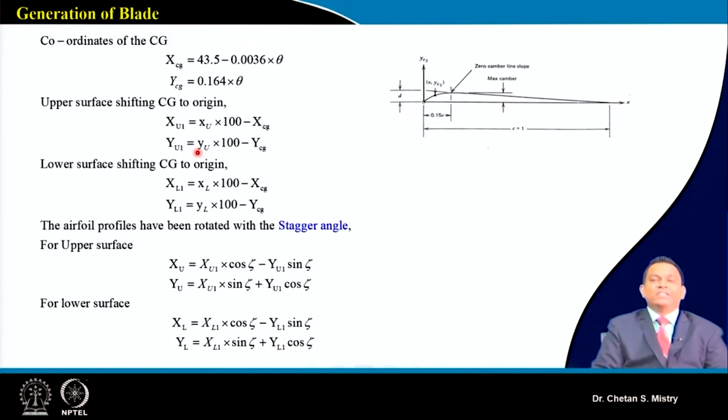This is little tedious work at this moment and maybe a little complex to understand, but once you go through it in detail, you will realize it is more interesting. If I incorporate my stagger angle, this is the change in my x and y coordinates for the upper surface, and this is my x and y coordinates for the lower surface.